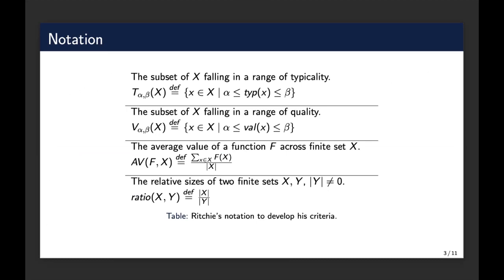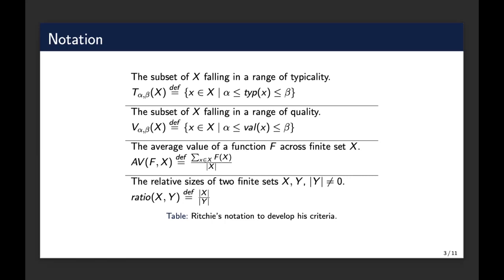For the elaboration of these criteria, he uses a notation that I'm going to explain a little bit in order to explain the criteria he has. The first one is the subset of a set X that falls in the range of typicality.